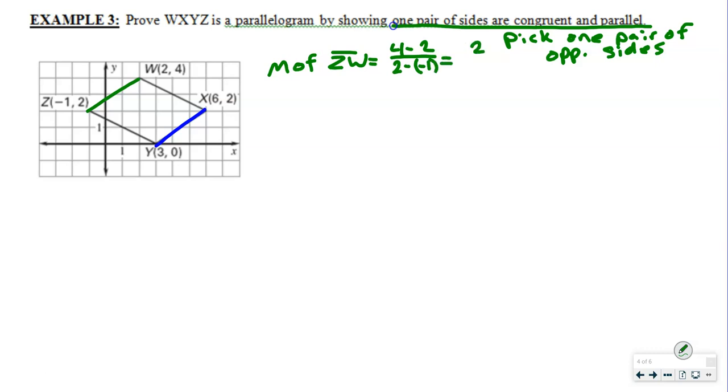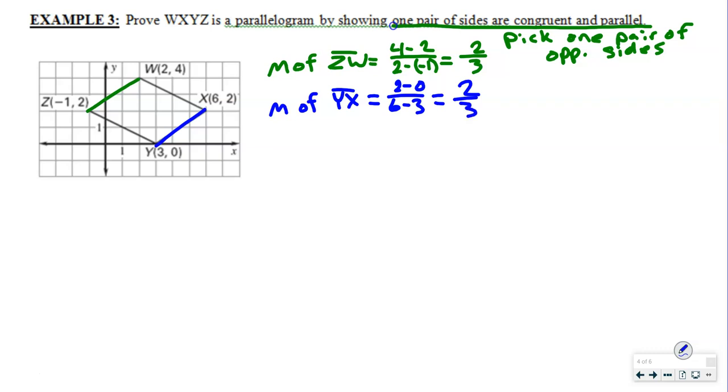That gives me 2 over 3. So the slope of ZW is 2 over 3. And we need to find the slope of YX. So on top I've got 2 minus 0, and on the bottom my x is 6 minus 3. 2 minus 0 is 2, 6 minus 3 is 3.